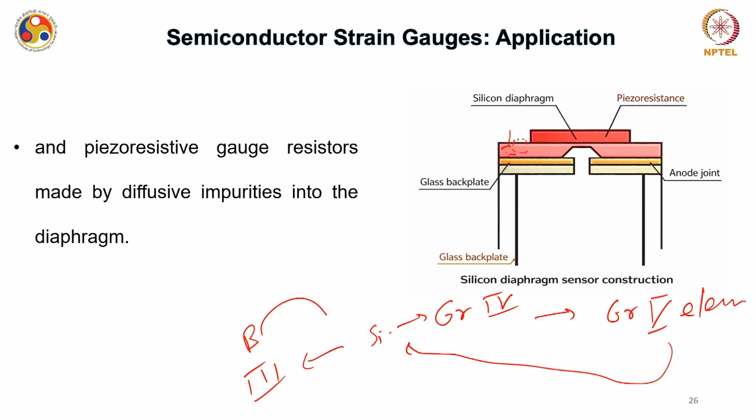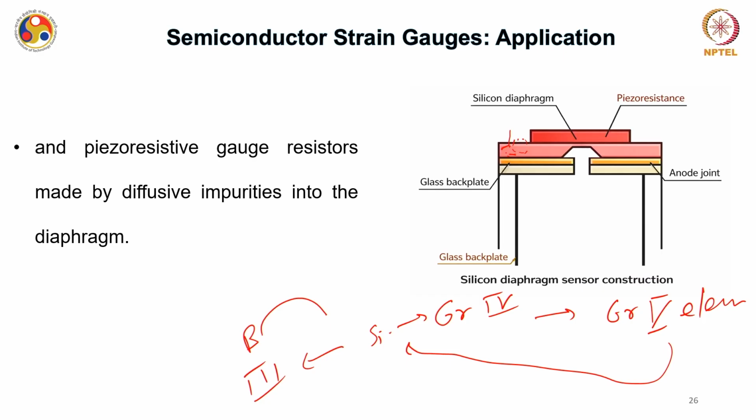So these are very basic views of how silicon can be doped, but there are detailed courses on doping of silicon, and you will find these things in semiconductor physics courses. If you are interested in a more detailed discussion, I suggest that you check any good semiconductor physics book and see how these dopings can be done.